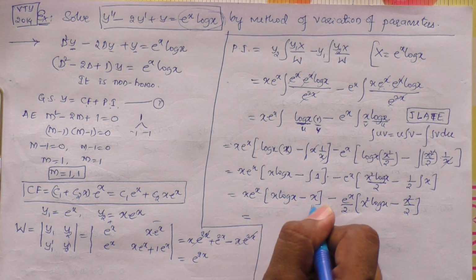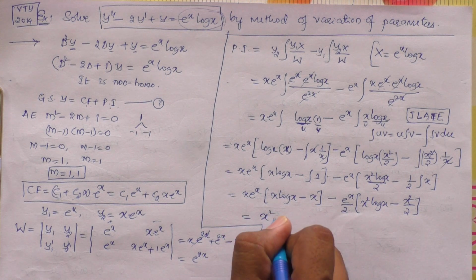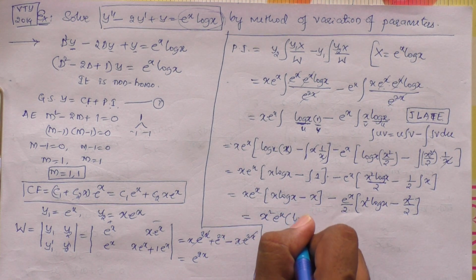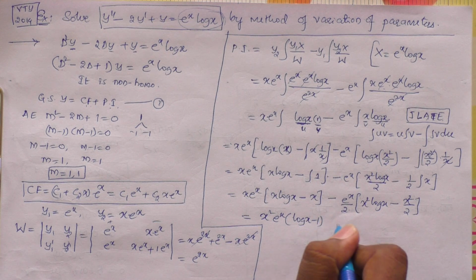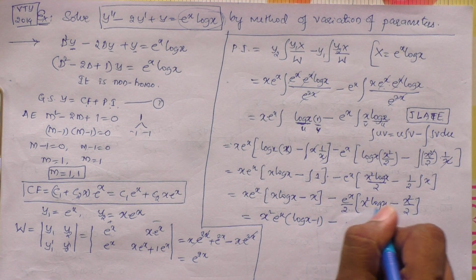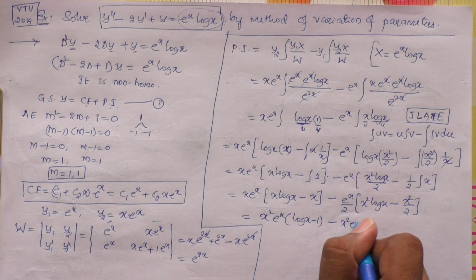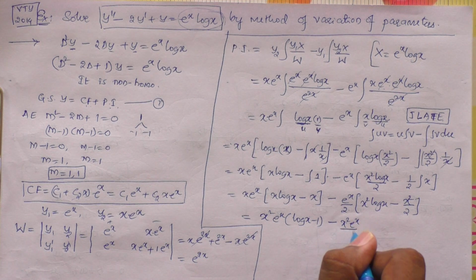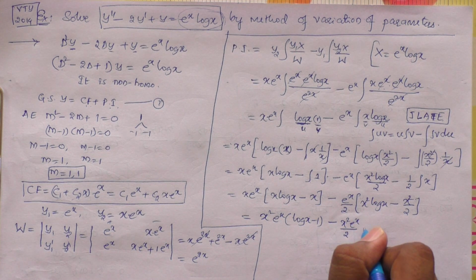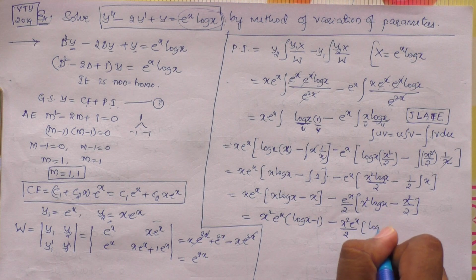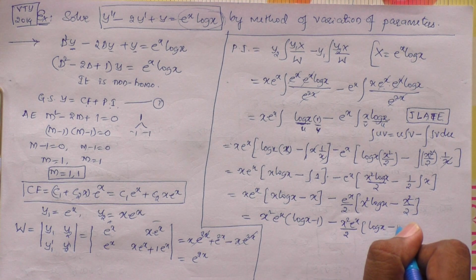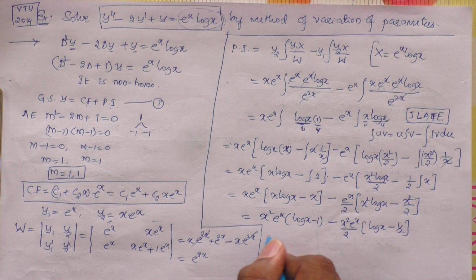So in the first term, take x common outside, so x square e raised to x into bracket log x minus 1, minus, here x square common, x square e raised to x by 2 into bracket log x minus 1 by 2. So now throughout we have x square e raised to x.